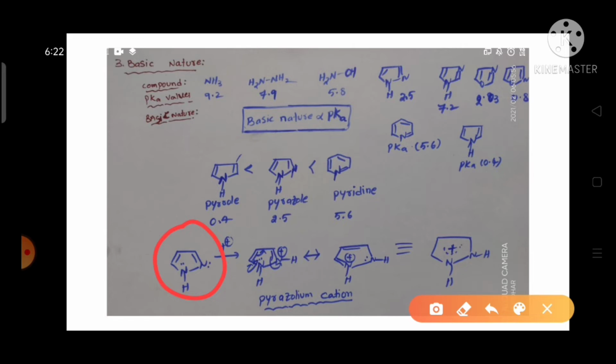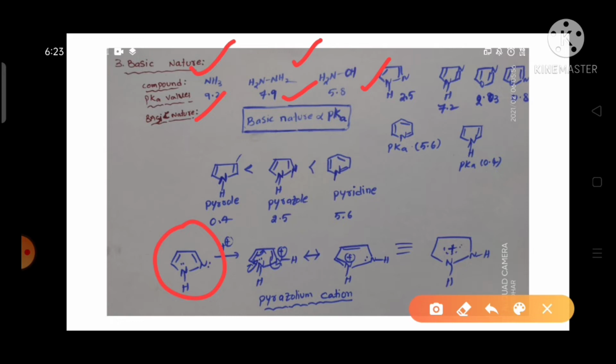That can be clearly understood by looking at the pKa values. So look here, the pKa value of ammonia is 9.2 and pKa value of hydrazine is 7.9. Like that, pKa value of hydroxylamine is 5.8.